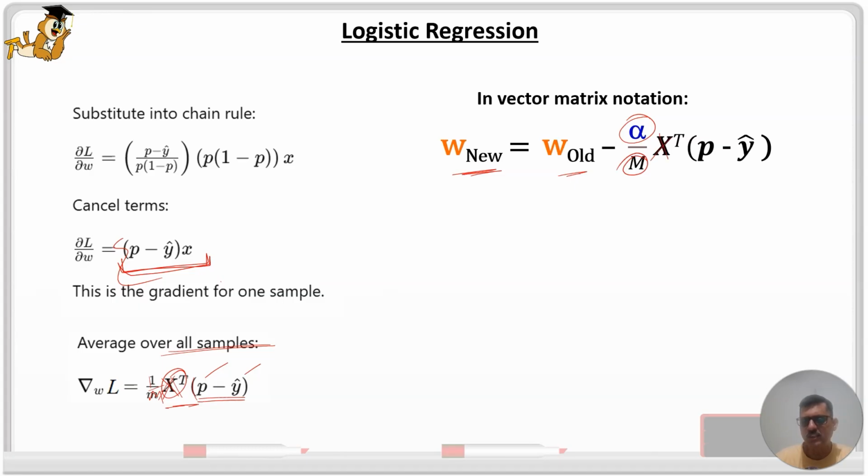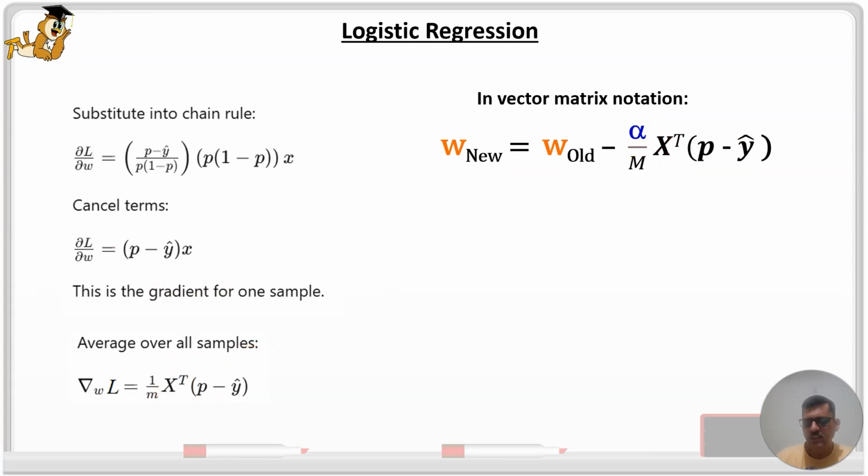X transpose is the matrix of input vectors, times the P vector minus the y hat vector. P is the vector of all the P's computed on the basis of 1 over 1 plus e to the power minus z, and y hat is of course the vector of observations.